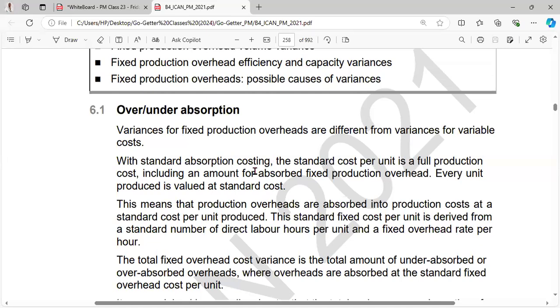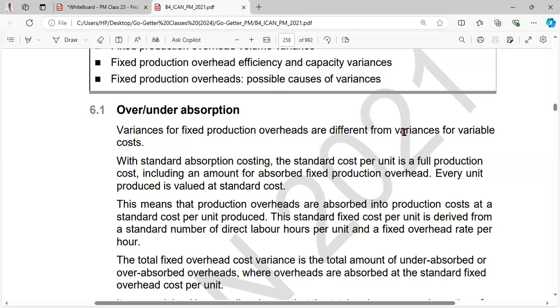With standard absorption costing, the standard cost per unit is a full production cost, including an amount absorbed for fixed production overhead.